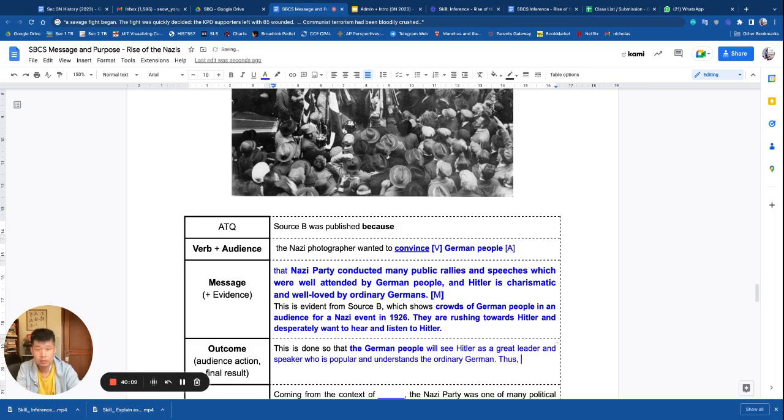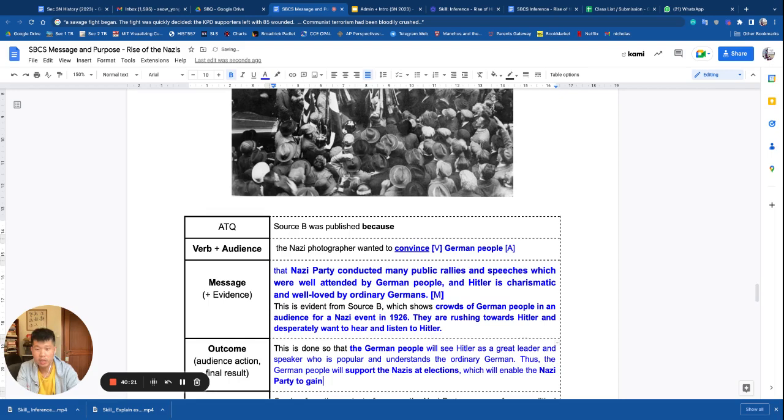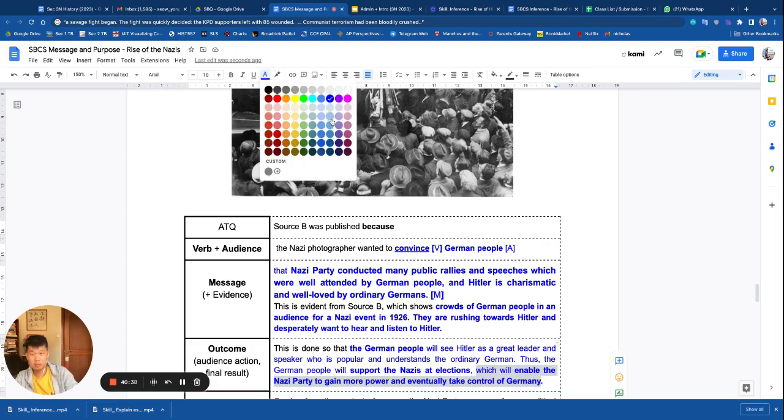Thus, the German people will support the Nazis at elections, which will enable the Nazi Party to gain more power and eventually take control of Germany. Final result.